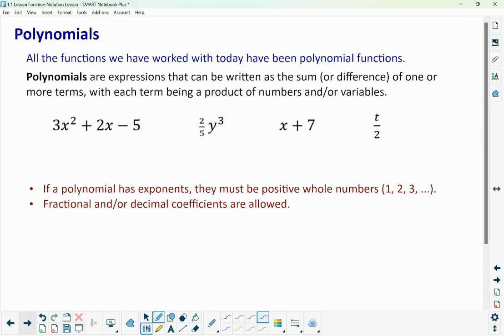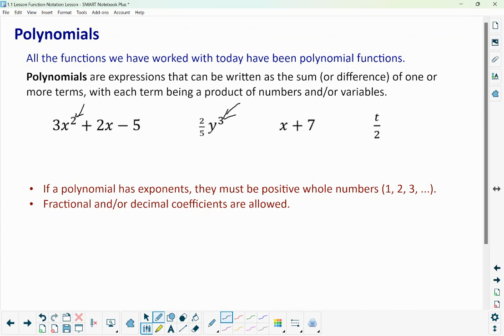Okay, all of the functions we have worked with today have been polynomial functions. Polynomials are expressions that can be written as the sum or difference of one or more terms, each term being a product of numbers or variables. Polynomials might have exponents. You can see this one has an exponent right here, and this one has an exponent.